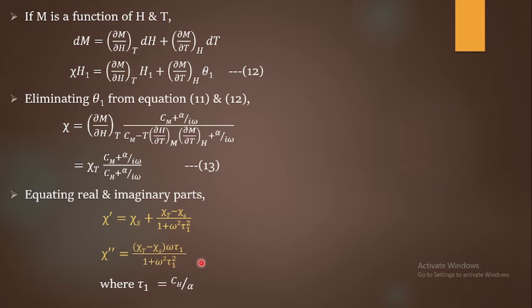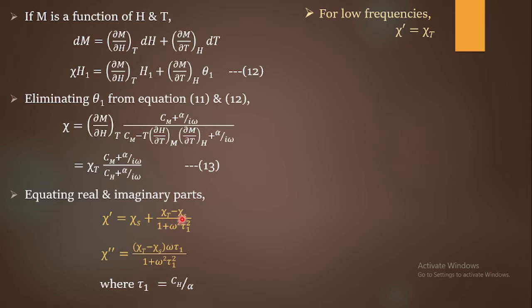So now we are going to consider the cases for low frequency as well as high frequency. If we are having low frequency, that is omega is small, in that case we can say that chi prime will be equal to chi t, because if omega is small, we know tau 1 itself is small, and squares of the smaller numbers are very negligible, so that it is neglected with respect to 1.